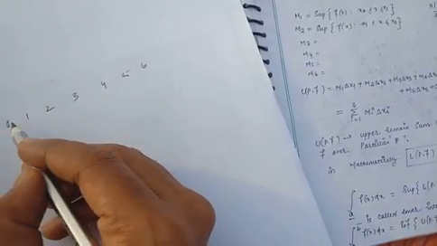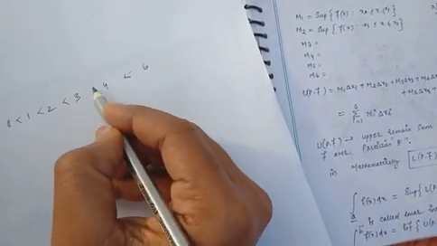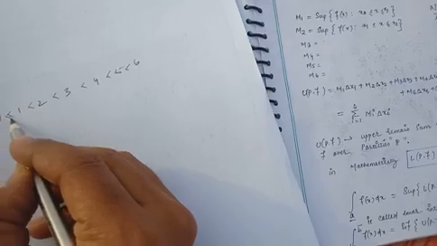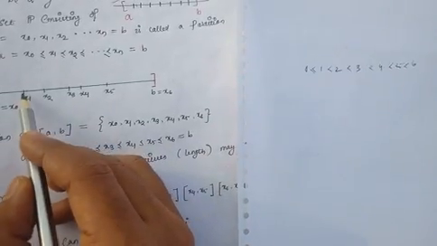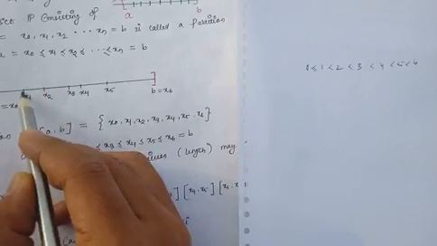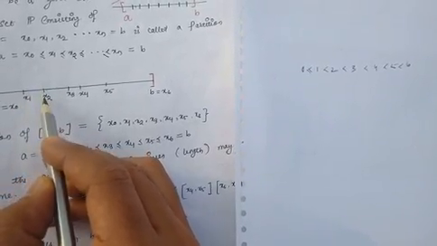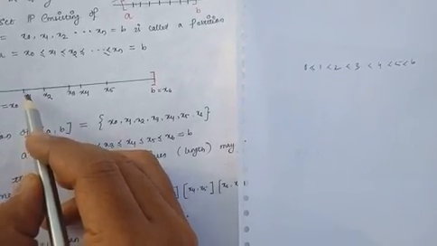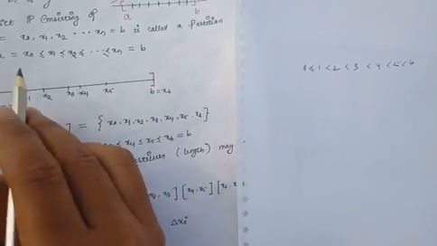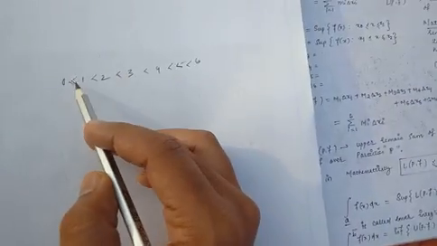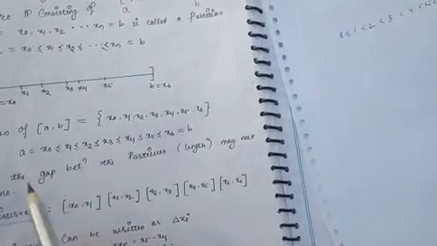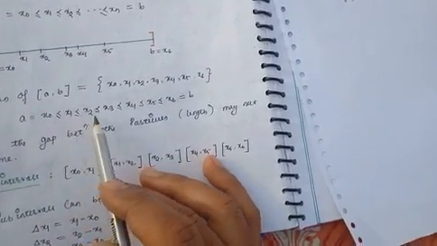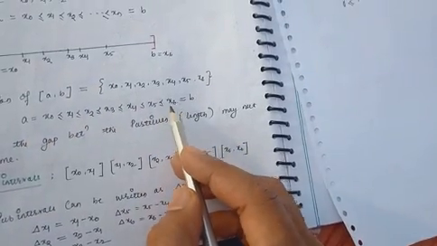And we use the equals sign because sometimes a partition point is very close to another. Suppose x2 is very close to x1; in such cases the points are nearly equal, so we use less than or equal to.